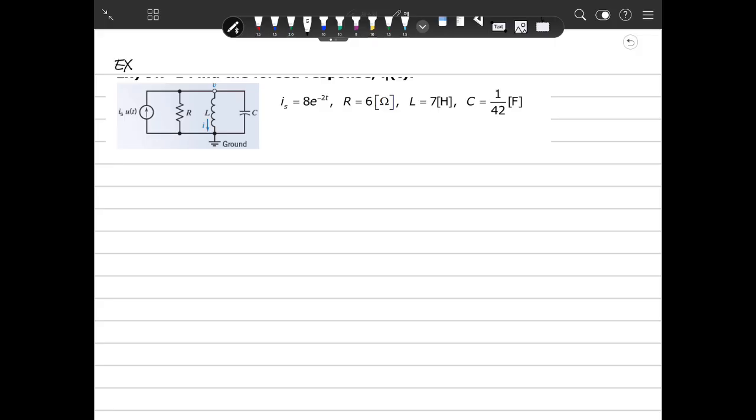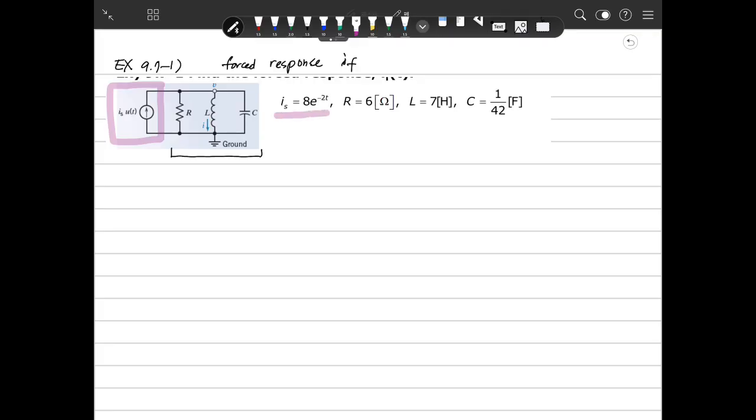Example 9.7.1: find the forced response i_F. This is an RLC parallel circuit, and we insert the source like that. The source is defined in this way, an exponential function.